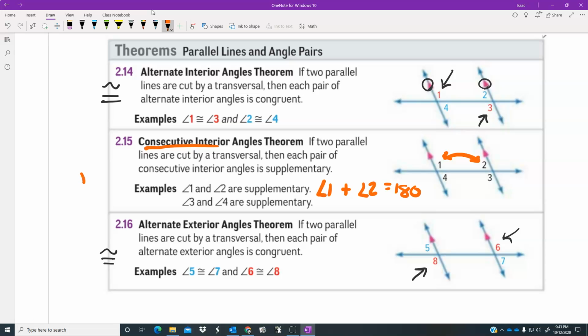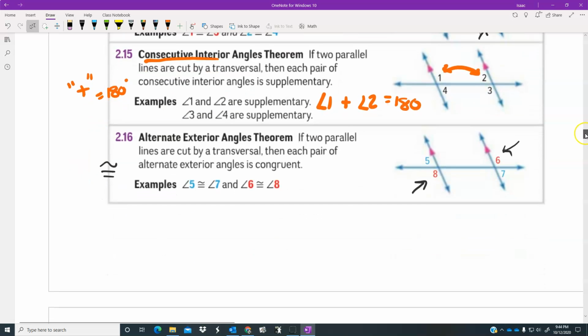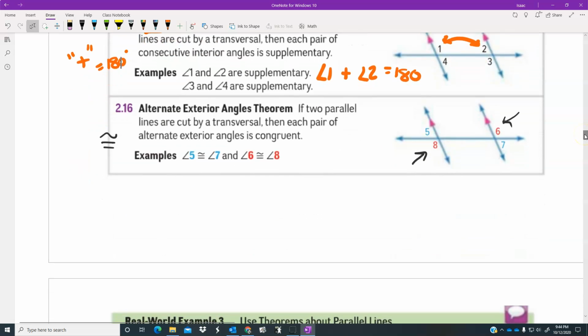So this particular one has a different property, and it adds and equals 180 degrees. They're supplementary, okay? Now, the hardest part about this is trying to keep straight which ones are equal and which ones add to 180.